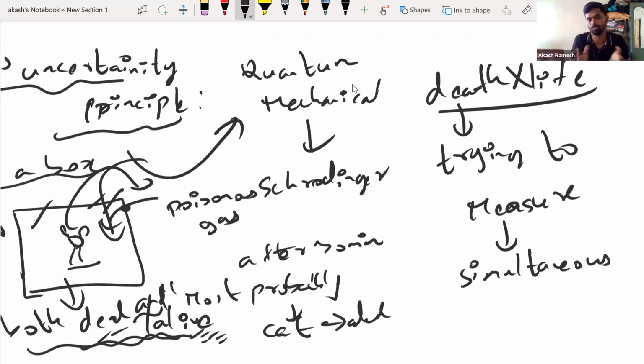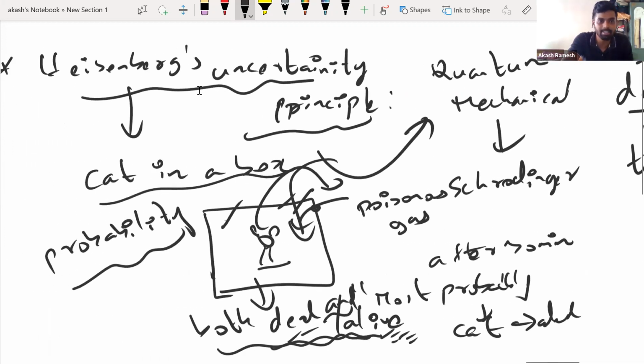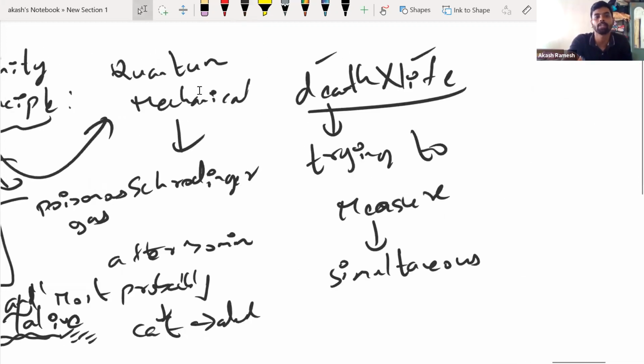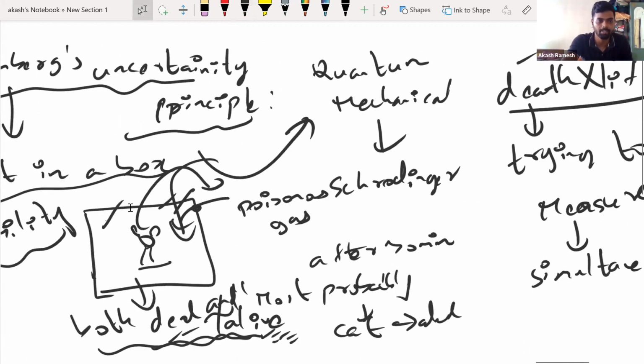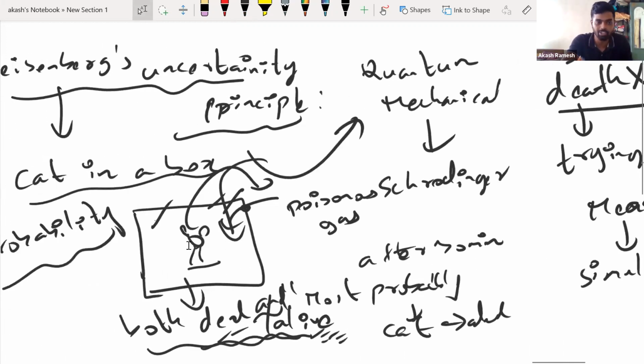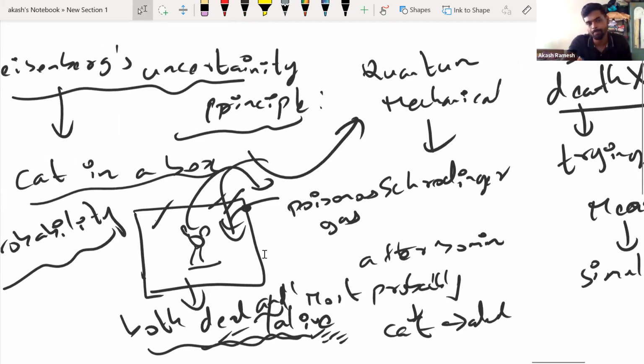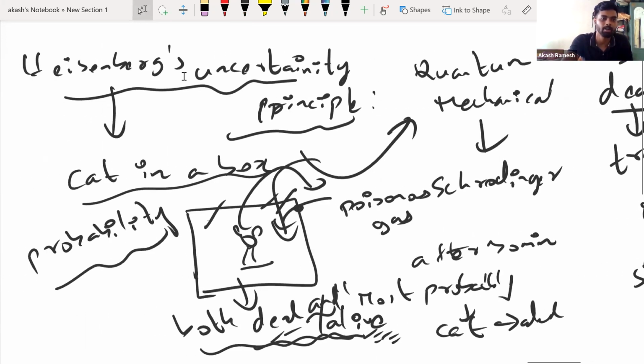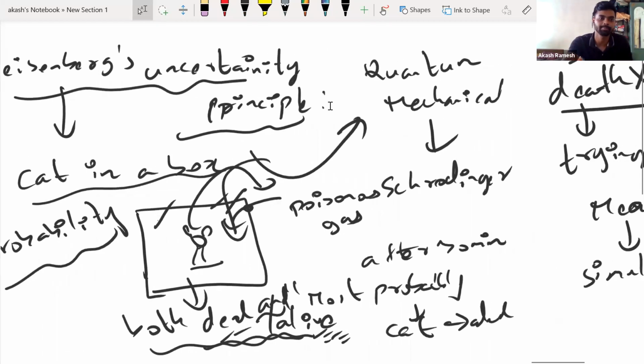You're trying to investigate whether it is dead or alive, and death and life are two opposite quantities. Based on this experiment, as long as we don't open it and see, we don't know. So based on that, Heisenberg gave his own principle, and that is what is called Heisenberg's uncertainty principle. Take down the statement of what he said.